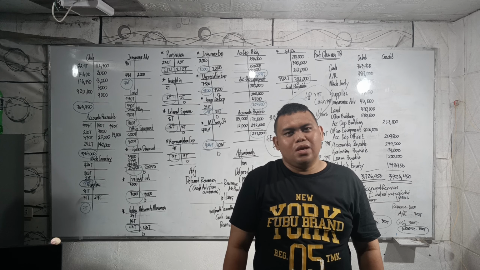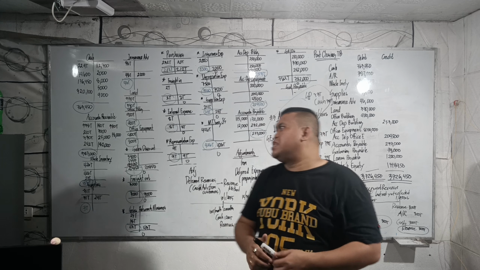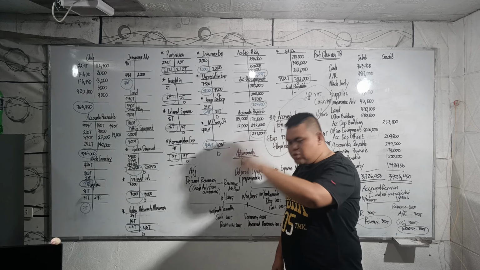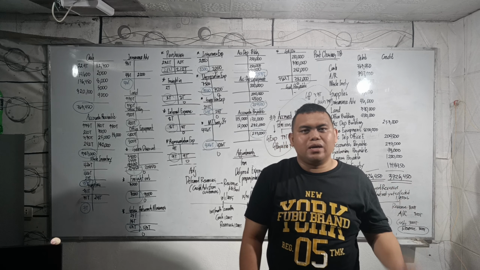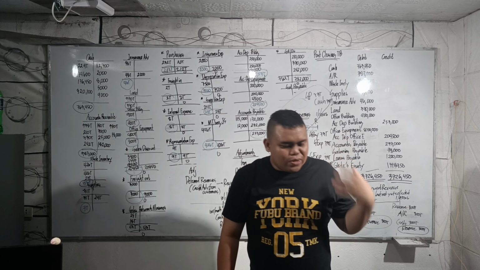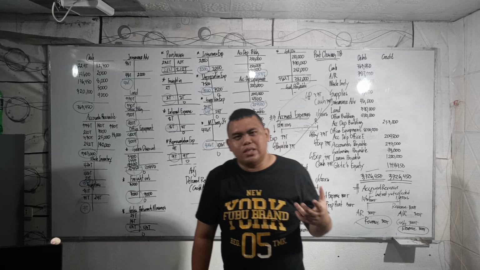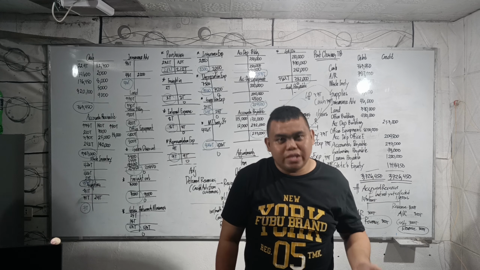Okay? So that's it for this video for the illustrative problem. And then I have already shown you steps 1 to 10 of the accounting cycle. So for the most part, you're already well versed with merchandising and service entities.